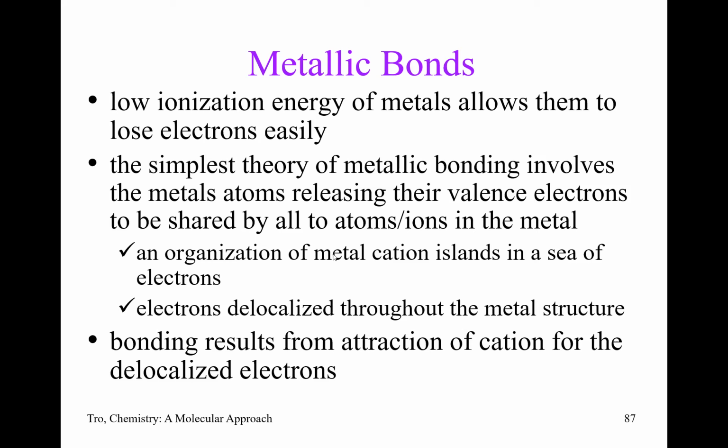The idea here, the organization of the metal cation island in a sea of electrons, is kind of like a domino display. You've seen in the Guinness Book of World Records when someone sets up a domino display. They knock the domino over, and where they tapped it, the falling domino is what your eye sees, right? Behind it, the dominoes have fallen over, and in front of it, they're still standing up.